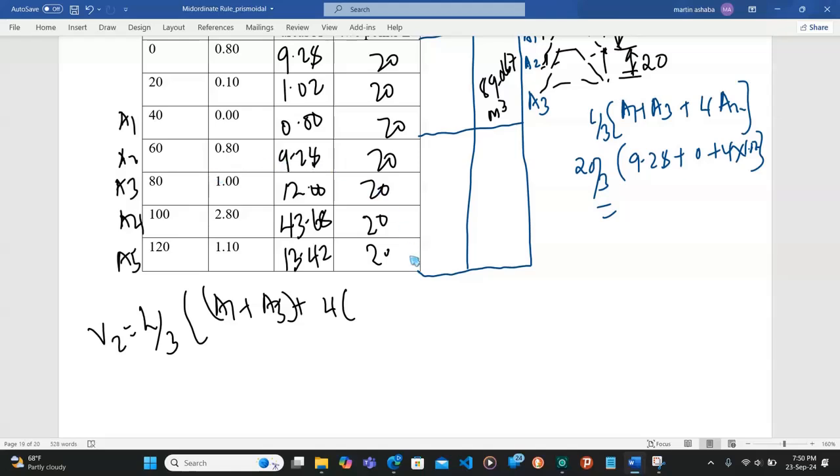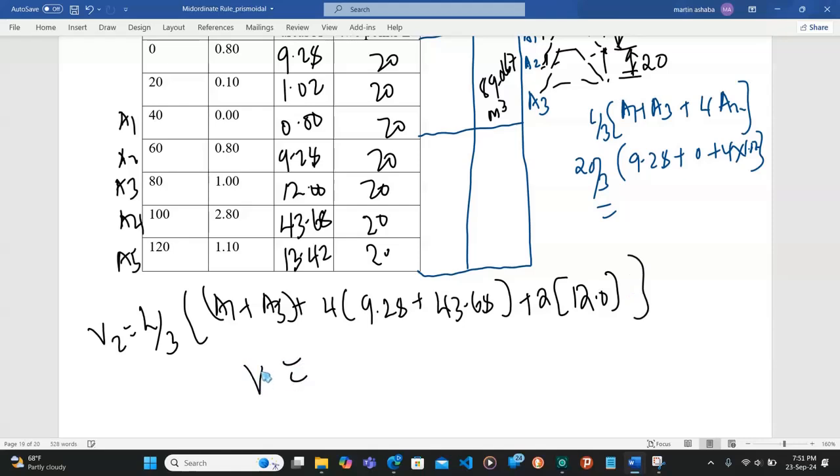That is going to be A2, which is 9.28, plus A4, which is 43.68, plus 2 into whatever is odd, and that's going to be A3, which is 12.0. This gives me a volume equivalent to 1661.733 cubic meters. So we put 1661.733, and that is in cubic meters.